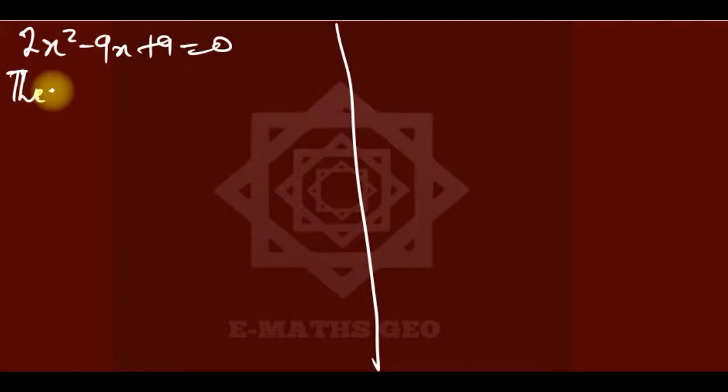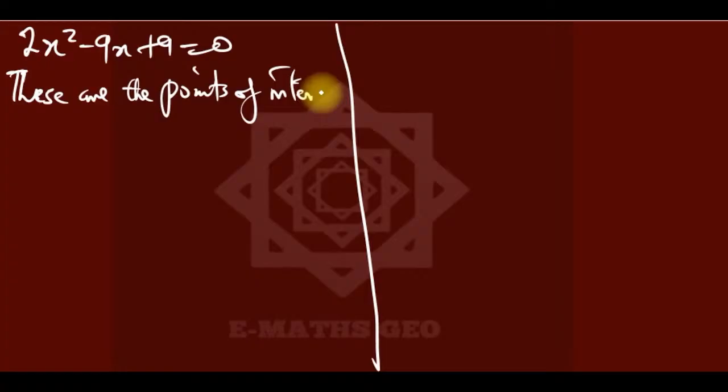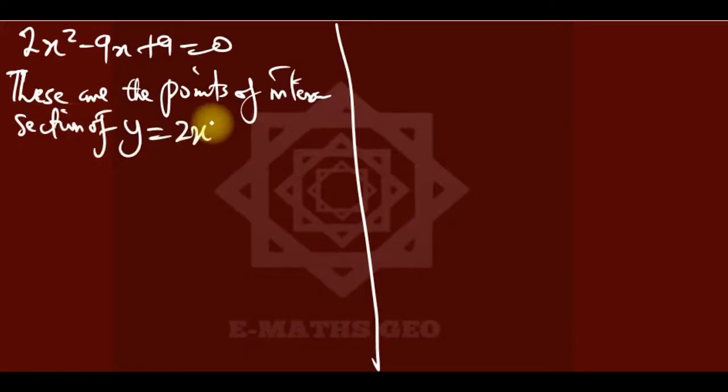So we have, these are the points of intersection of y equal to 2x squared minus 9x plus 9. That is the curve we plotted, and y equal to 0. Yes, we have two functions here.